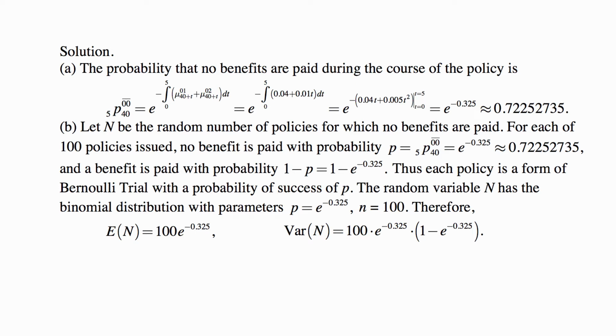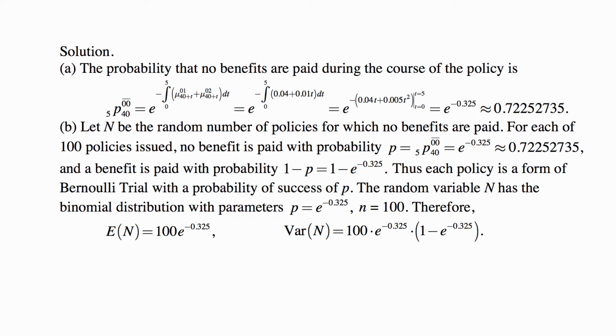So mu01 plus mu02 in this case. This is very much like the calculation of probability of survival under constant force in just regular life insurance. What do you do there? You take e to the minus integral of the force. And the force of mortality is what takes that person out of the state of being alive. So this is the same thing. The total sum of these forces is the total force of transition out of state 0.